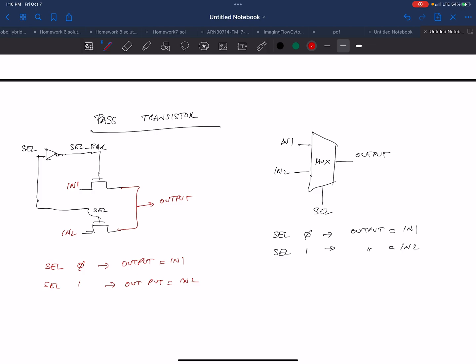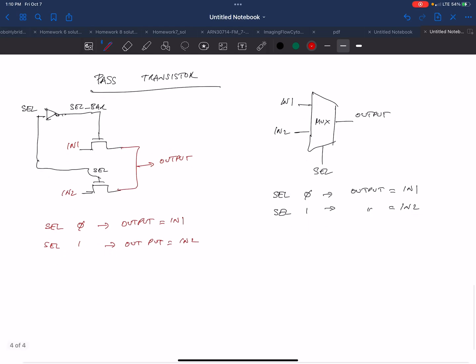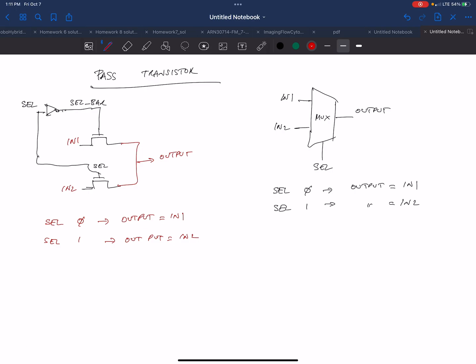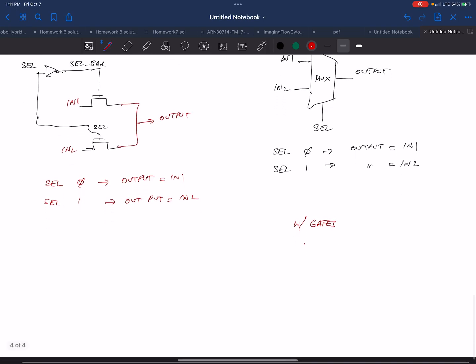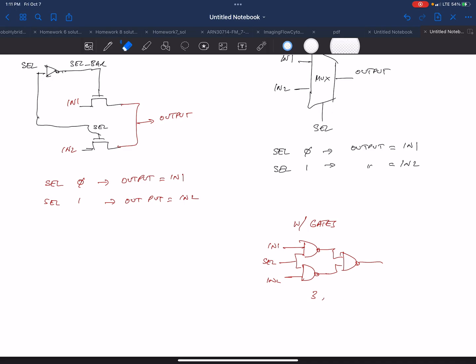So this seems really simple. If I did this with gates, I think I basically need something like, I have to think this through, select, in1, in2. I'm not sure this really works, but it's something like this. Let's just say I would need 3 2-input gates.